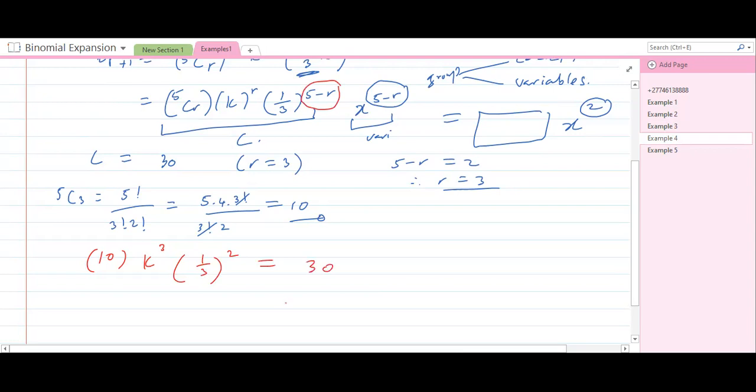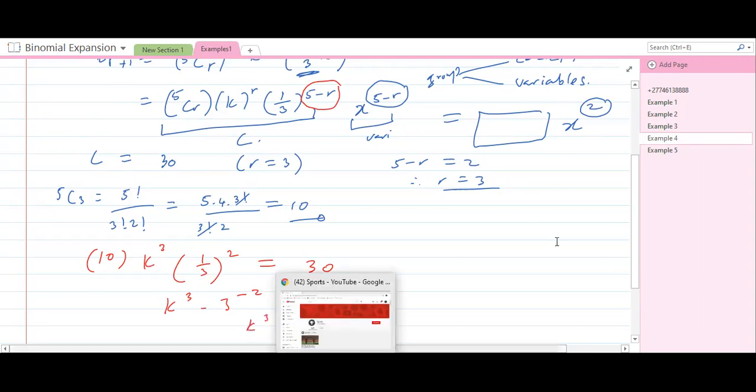That's what we know. Now we can say 30 divided by 10 is 3. This is k cubed times 3 to the power minus 2. Now we can multiply both sides by 3 to the power 2, and we will end up with 3 cubed, which is k cubed.